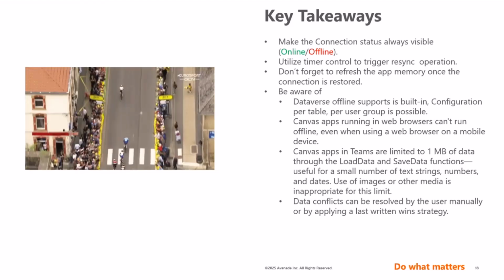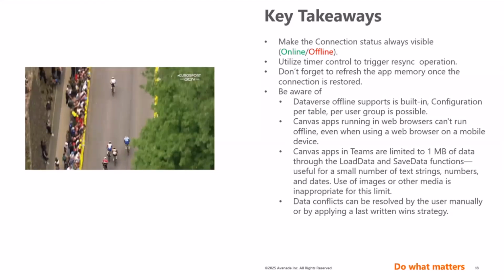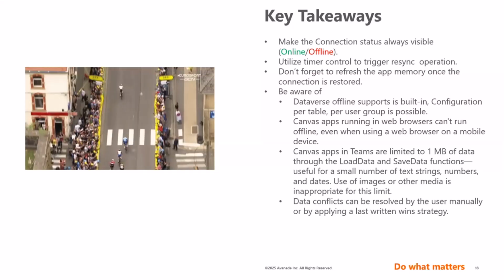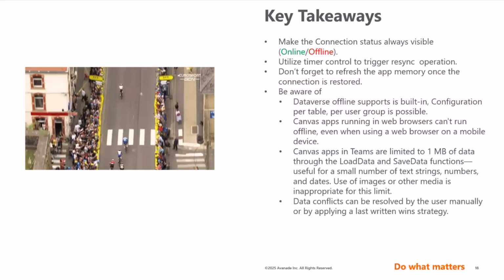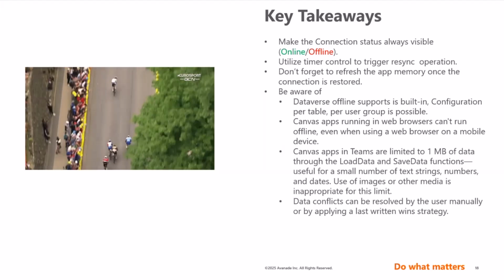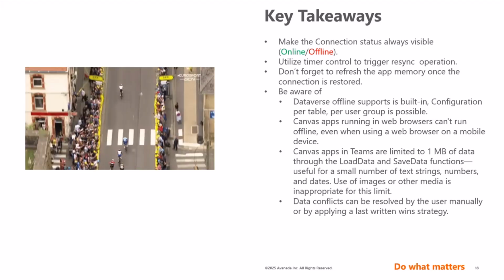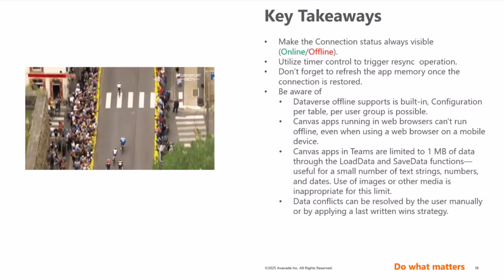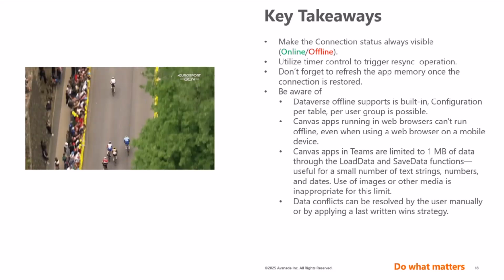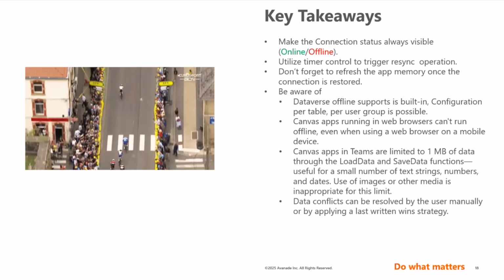Also, Dataverse offline support is built in, so don't reinvent the wheel. Configuration per table and per user group is possible. Canvas apps with offline capabilities cannot run in web browsers, so this is not possible. You always need to leverage the Microsoft Power Apps mobile app.